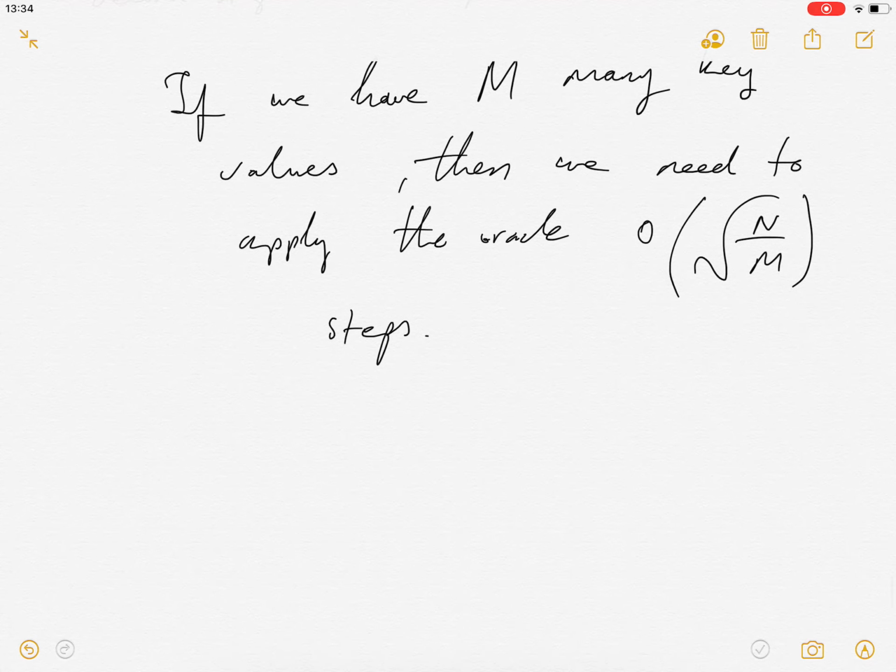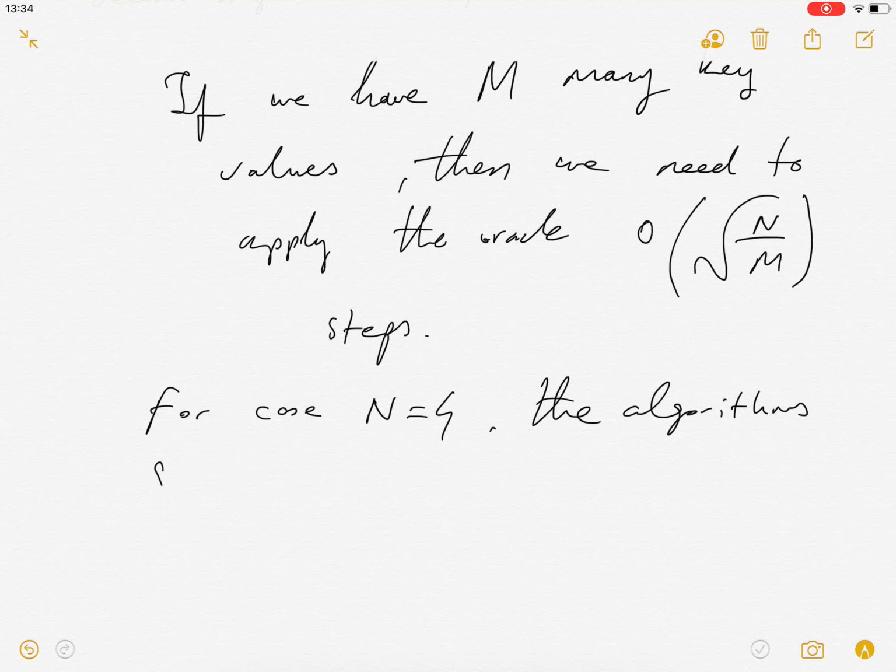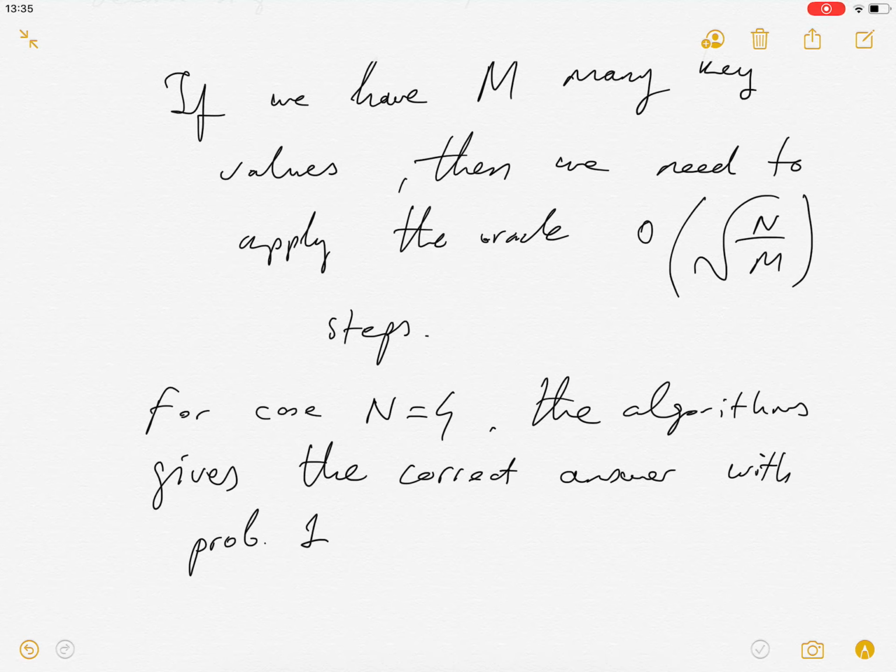For example, and I encourage you to do this as an exercise, for the case n equals 4, the algorithm gives the correct answer with probability 1 in exactly 2 steps.